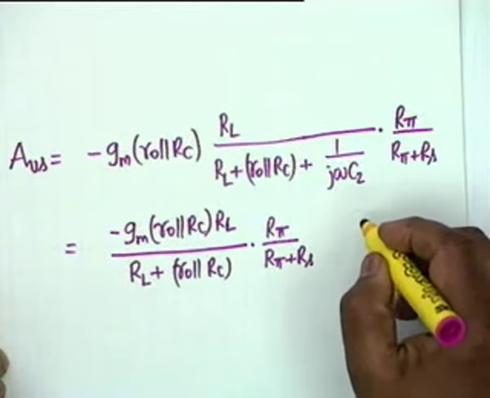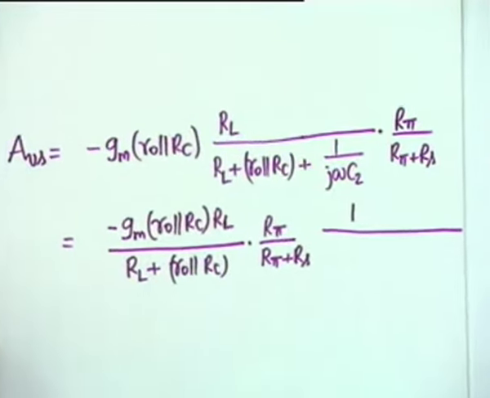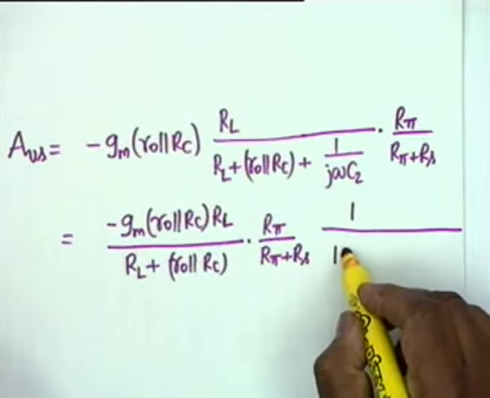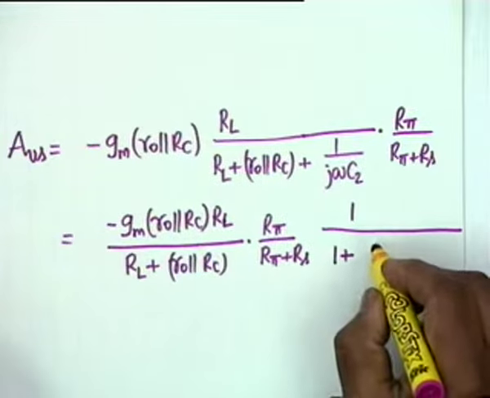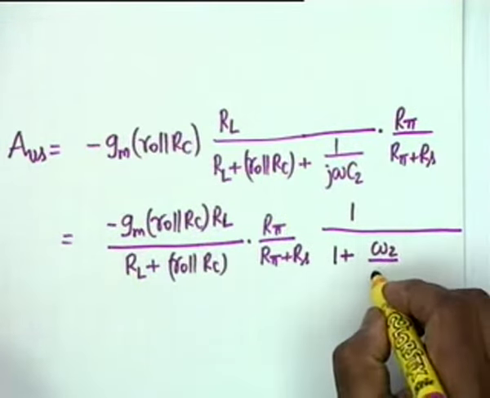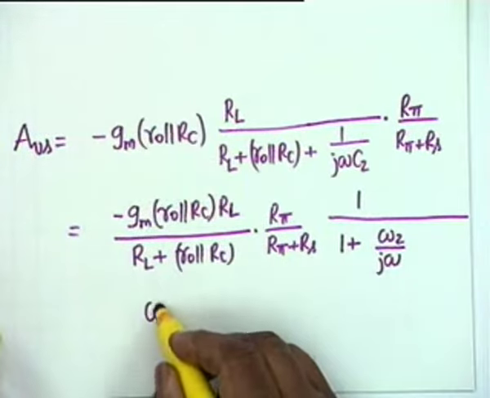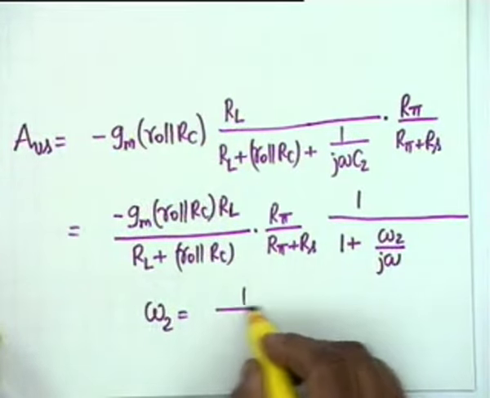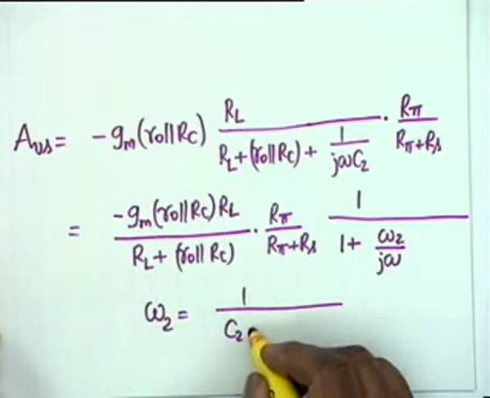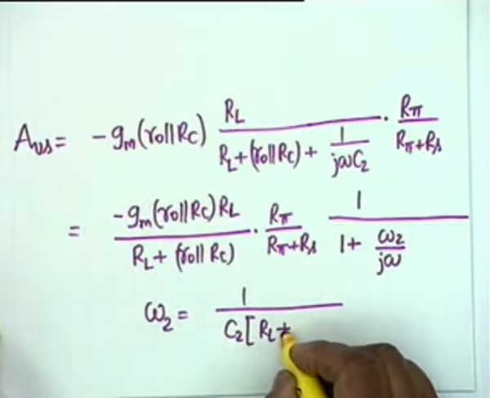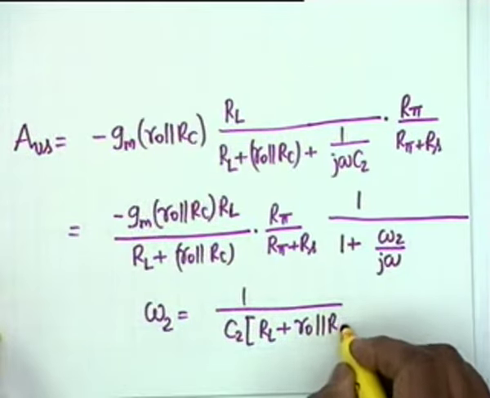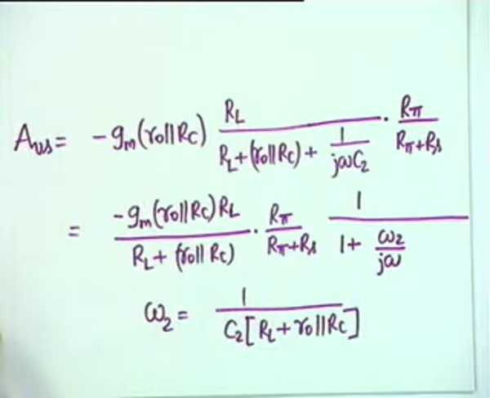What remains is 1 divided by, what remains? 1 plus omega 2 divided by j omega, where omega 2 is 1 over C2 multiplied by RL plus R0 parallel RC. Agreed?